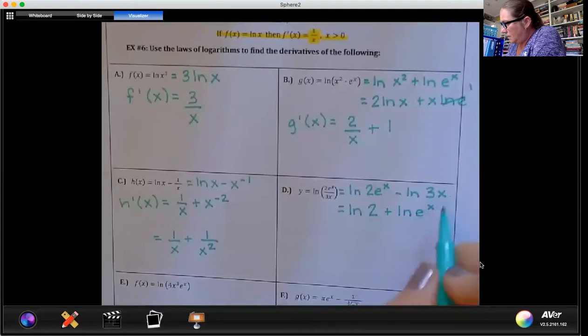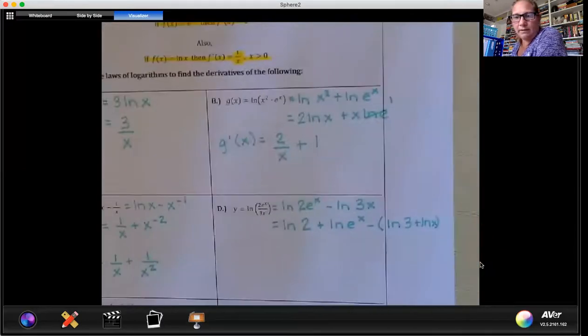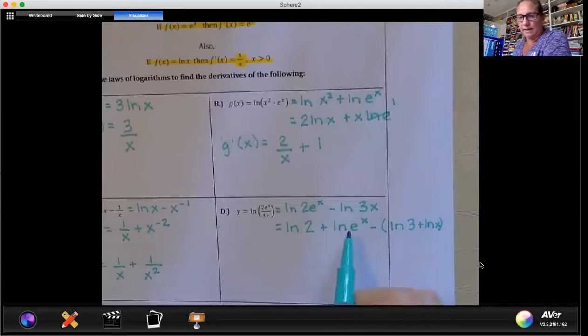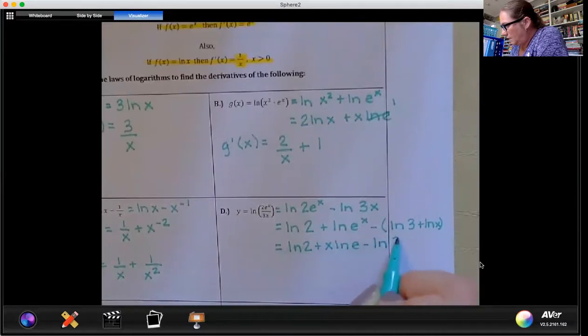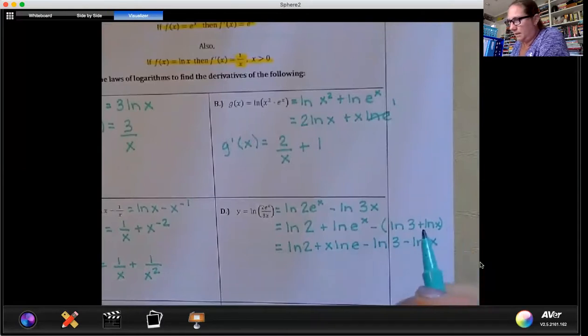And then this one is also going to be a multiplication, so minus parentheses ln 3 plus ln x. We still have a little bit of a rewrite to do here, bring down the exponent, and then we'll be ready for our derivative. Ln 2 plus x ln e minus, distribute that negative, and remember that ln of e is 1.